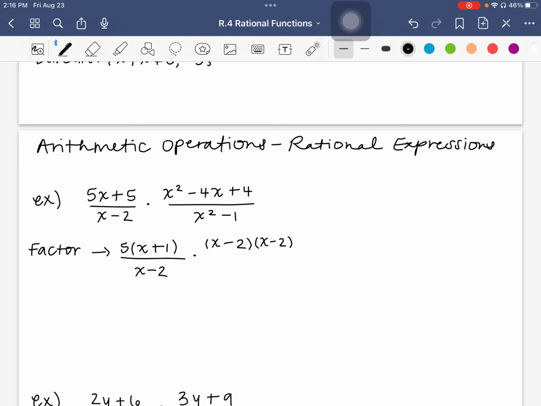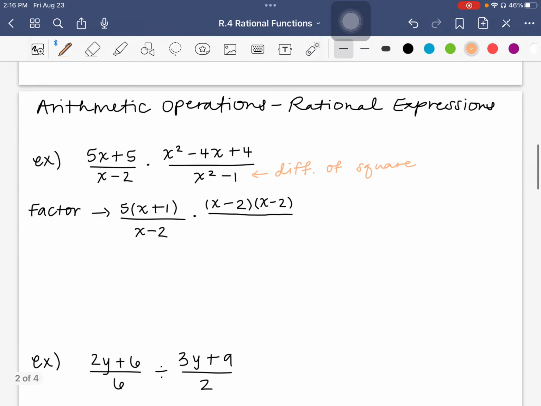And if we were to add negative 2 plus negative 2, we get negative 4. So that's what we get on top. And then on bottom, notice that we have this guy here, which is going to be a difference of squares, because we have x squared minus 1, and then 1 is 1 squared. And so using that formula for the difference of squares, we have x plus 1 and x minus 1 in the bottom here.